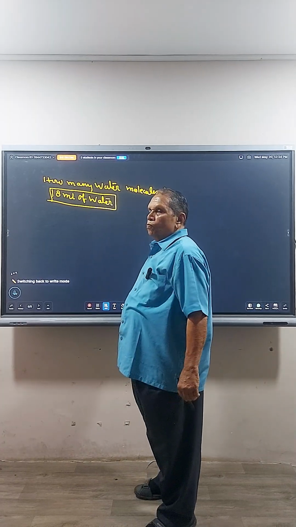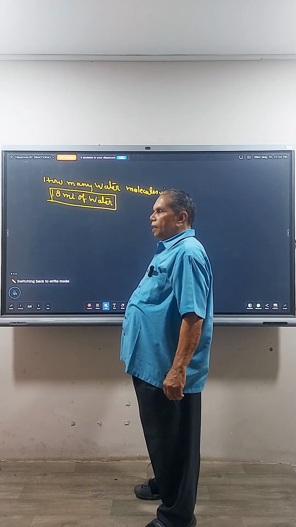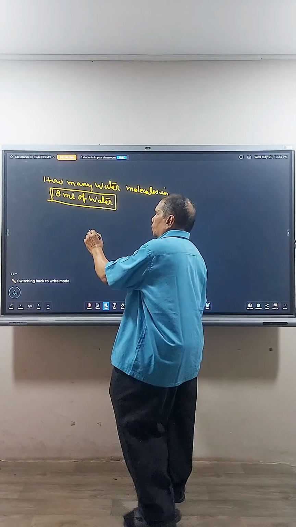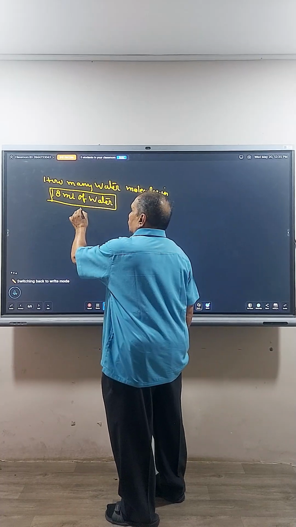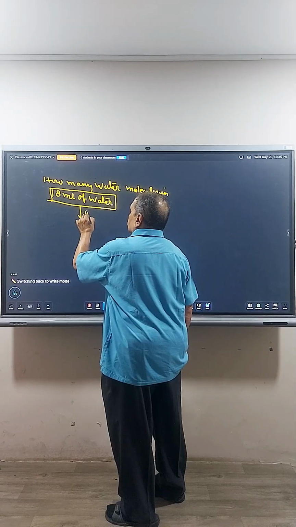Now, most of the students make a mistake in calculating. Of course, for getting molecules, you have to convert this to mole.